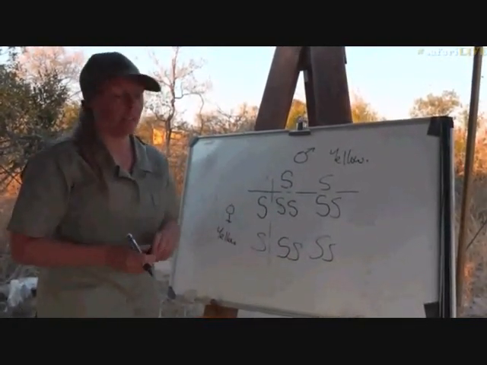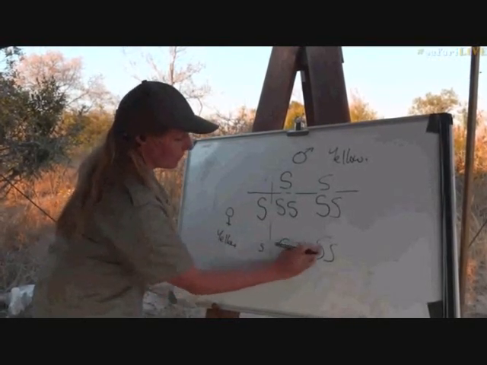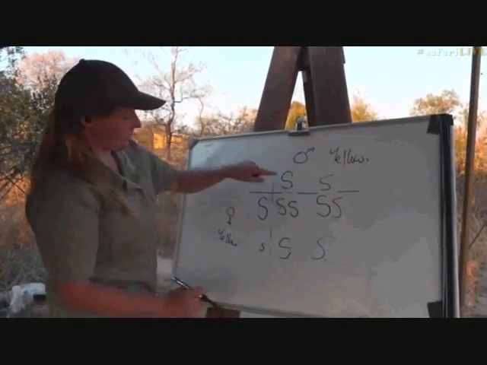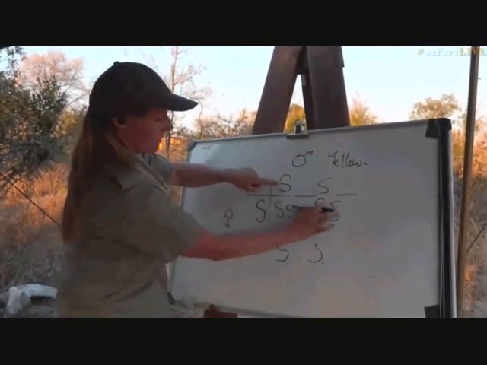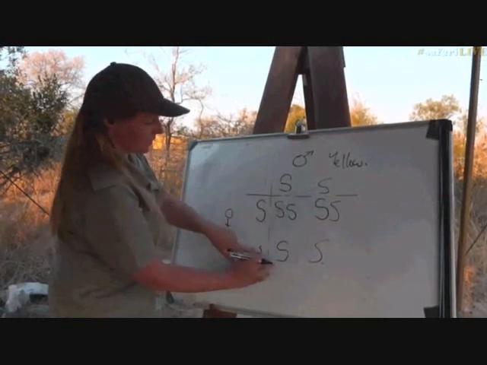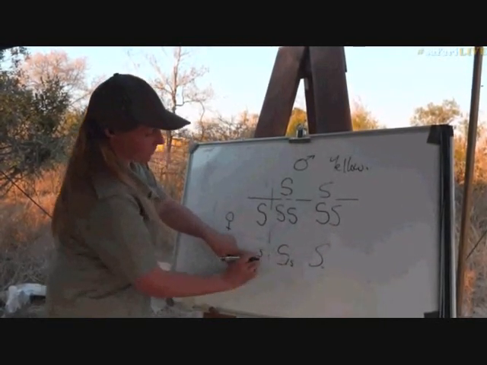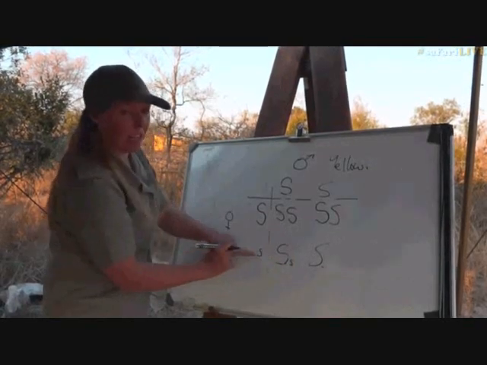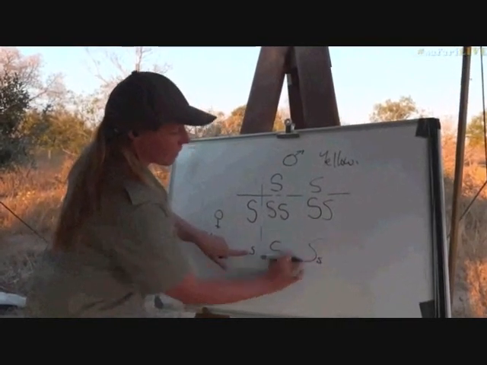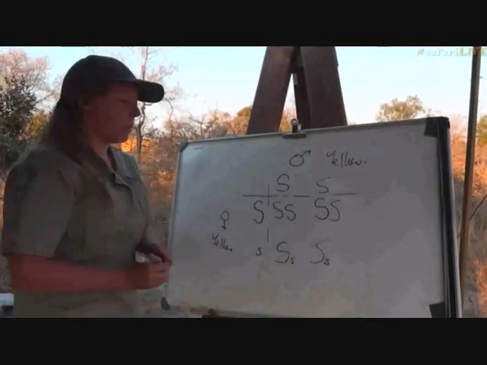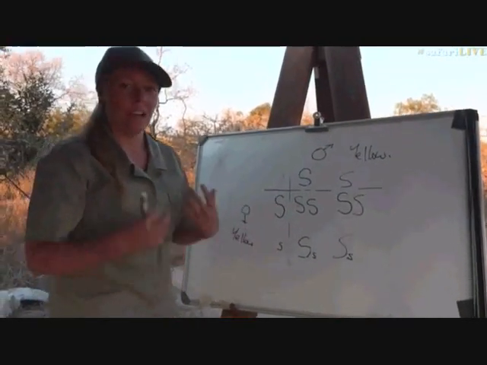Even if you get one of the adults carrying, so we still have the big S's there, so this cub will still be completely yellow, and this cub will still be completely yellow, but this cub will be a big S and a small s from the mum, so that will be yellow, but will be carrying, and the same, so big S and little s, so that cub will be carriers.